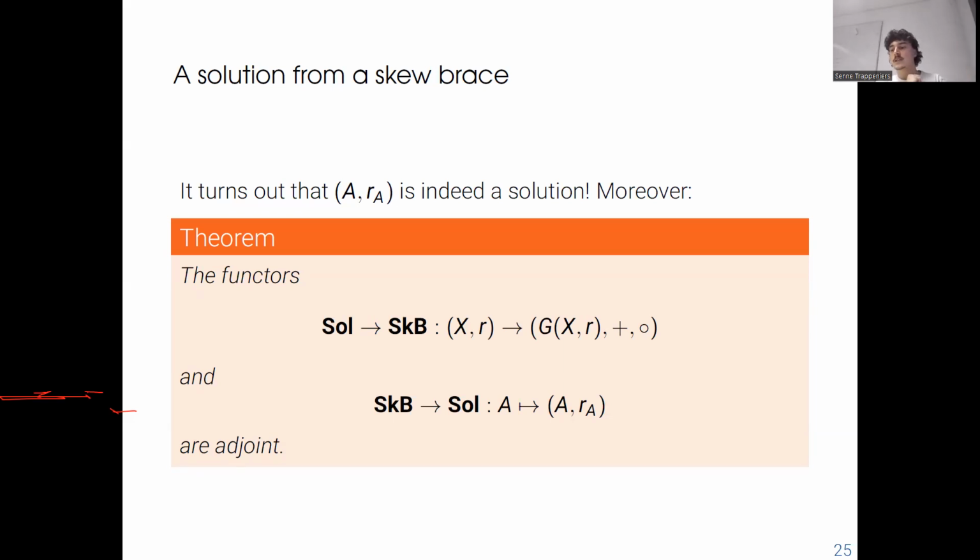So this is a very nice way to show that solutions of the Yang-Baxter equation, at least the non-degenerate ones, and skew braces are inherently connected. We can go from one to the other, and skew braces contain enough information to find interesting solutions to the Yang-Baxter equation. So this is a starting point.